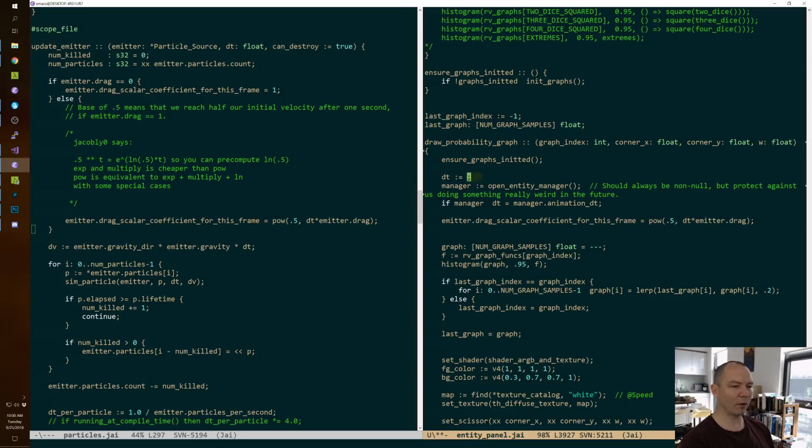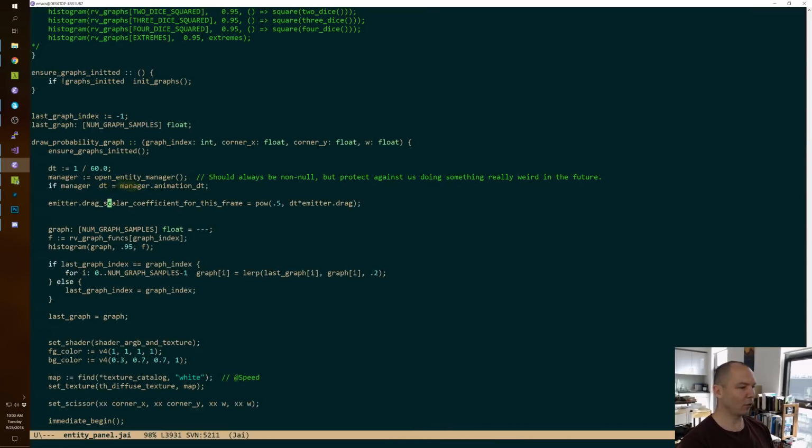All right, so 100 frames a second. Let's just say 60 is our default if we don't somehow get an entity manager. Okay, and then lerp factor is going to be, I don't know, this is kind of arbitrary.